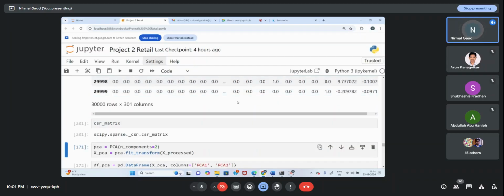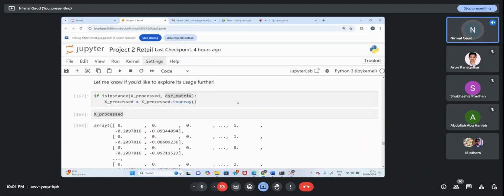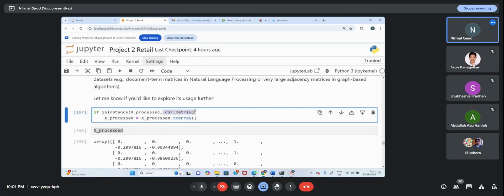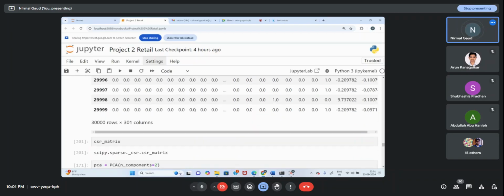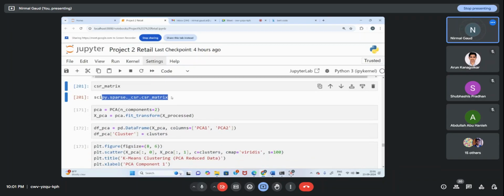This is also a sparse matrix, a SciPy sparse matrix. That means it has covered the relevant rows with fewer zeros. Still we do have some amount of sparsity present.